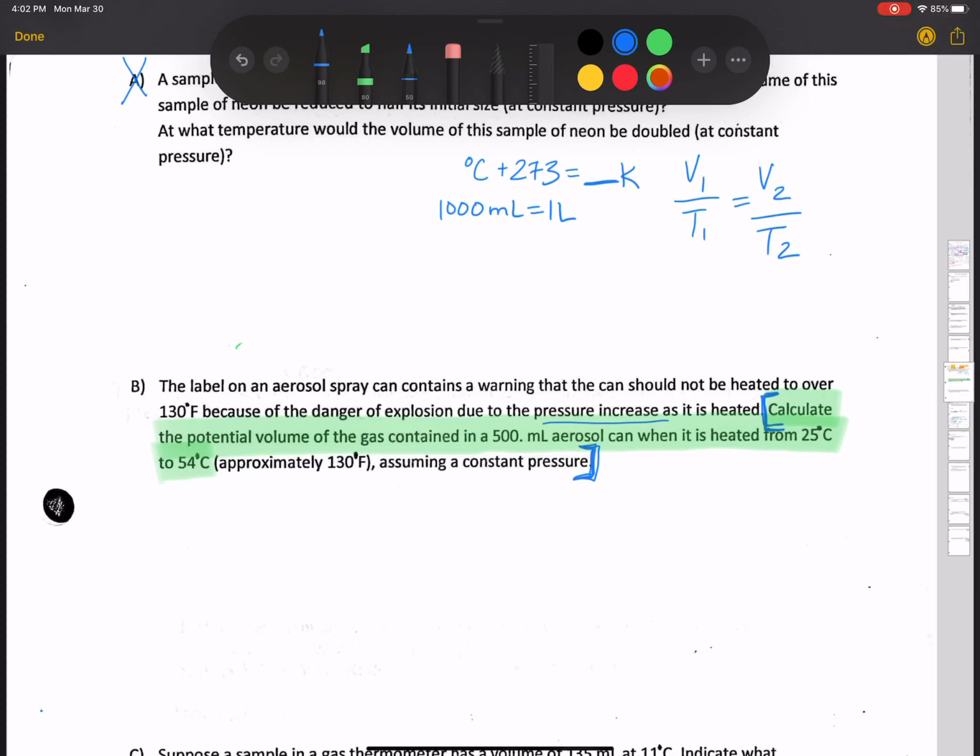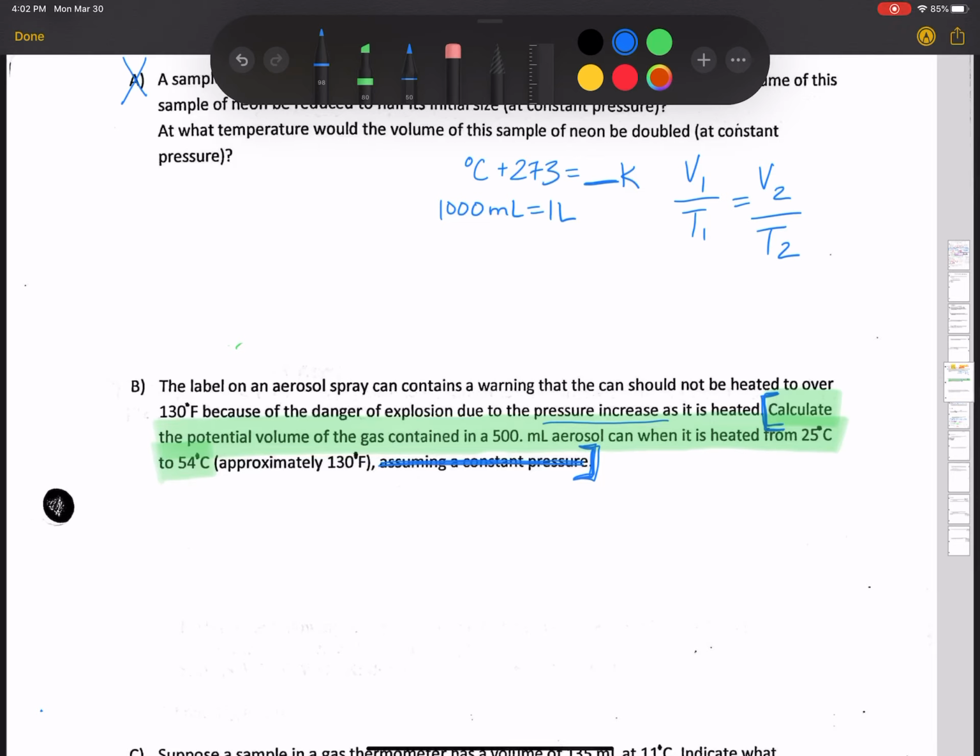It's not going to make a difference in terms of how we solve it. 54 degrees Celsius is the same thing as 130 degrees Fahrenheit, which is pretty hot. Where it says right here, assuming a constant pressure, I'm going to go ahead and cross that out because that's not going to make a difference in terms of any information you need to know or don't need to know to solve this problem.